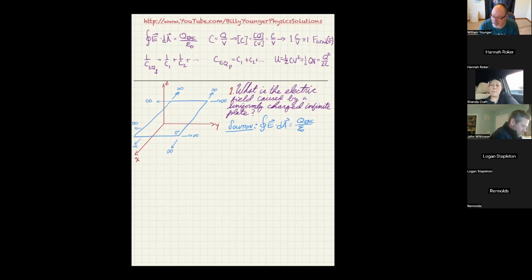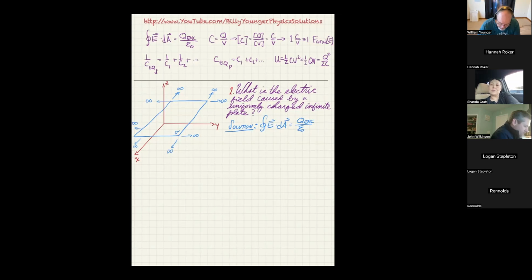And the equal potential surfaces are perpendicular to the electric field. So that also tells us that you've got to find a surface on which the electric field is constant and on which the electric field is perpendicular. But you don't have to treat that like an and, you can treat it like an or. So you can say it's perpendicular to the surface, or it's constant on the surface.